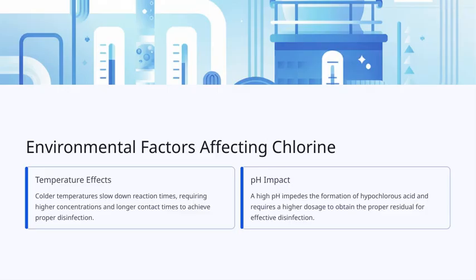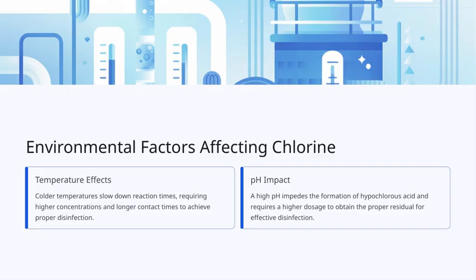Now, let's talk about how environmental factors can influence the effectiveness of chlorine. First up, temperature effects. When temperatures are colder, chemical reactions tend to slow down. This means that in colder water, we often need higher chlorine concentrations and longer contact times to achieve the same level of disinfection. It's important to keep this in mind, especially in winter or in colder climates, to ensure our disinfection process remains effective. Next, we have pH impact.